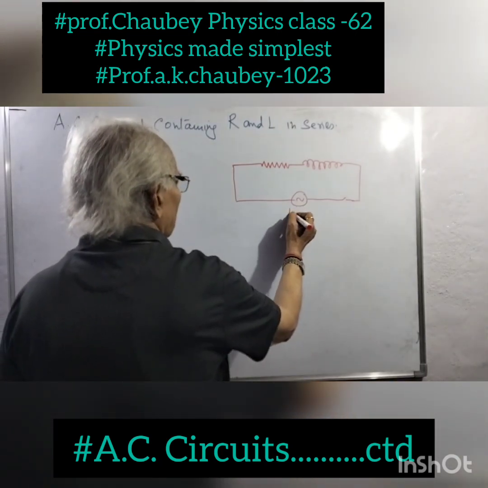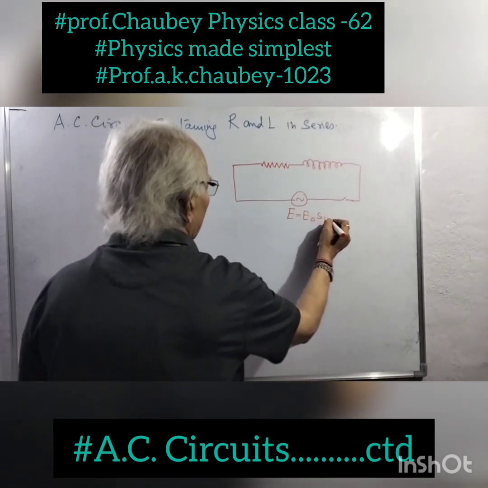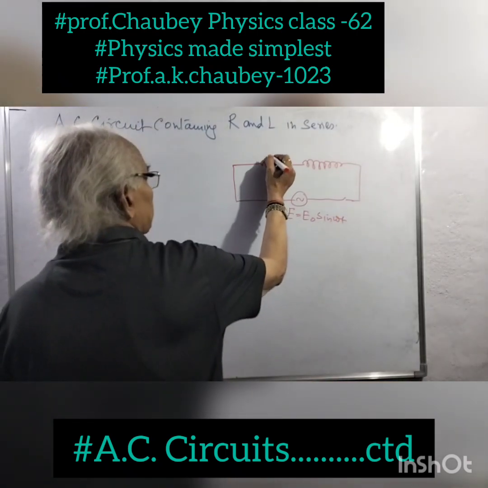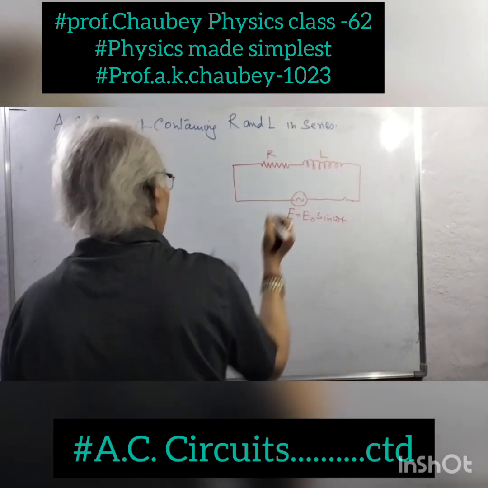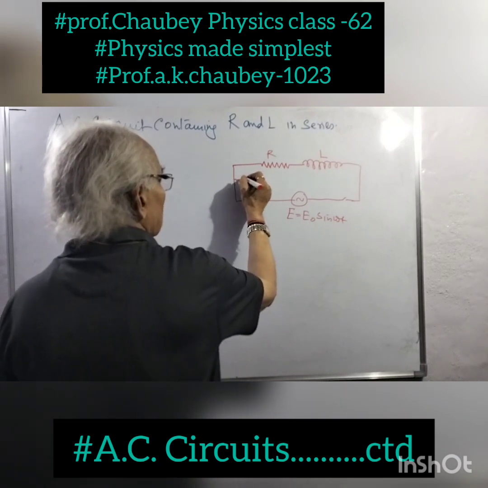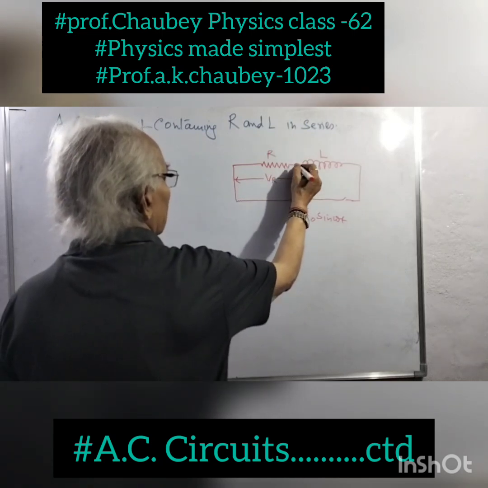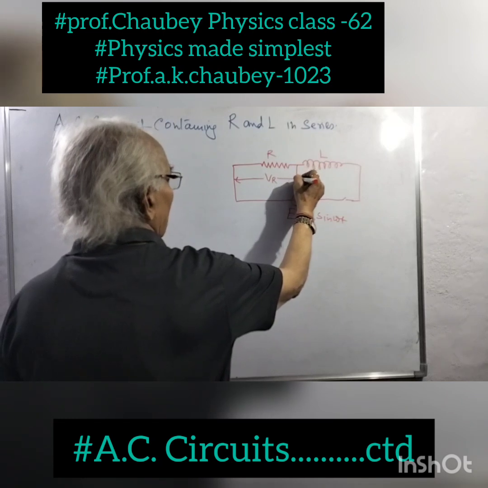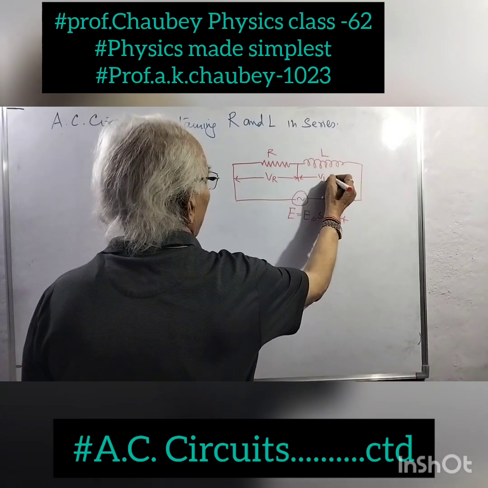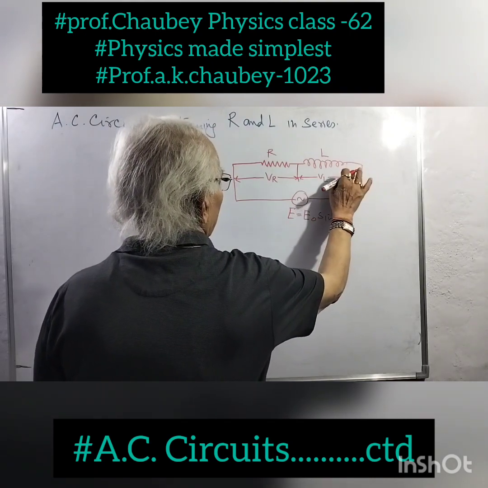So E is the source, E is equal to E naught sin omega t. And this is now R, this is now L. So R and L in series we have here, and across the resistance the potential is VR, between these two points, and from here to here we have potential VL across the inductance, same point.